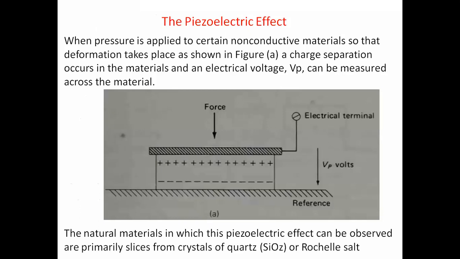The next one is the piezoelectric effect. Based upon this piezoelectric effect, we have transducers which work on the principle that there are certain types of materials, like quartz and Rochelle salt, which are natural materials.